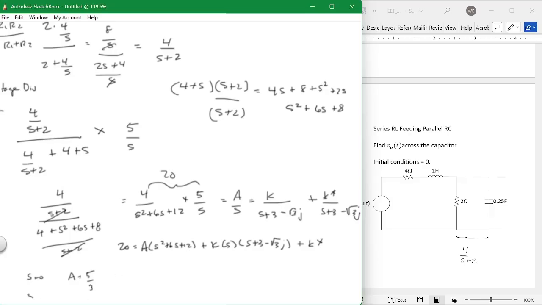Let S equal minus 3 minus the square root of 3j, and that gets my K, okay? So with that in mind, my K is equal to 5/3 at angle 120. Excuse me, it's angle 120, not square root of 120.